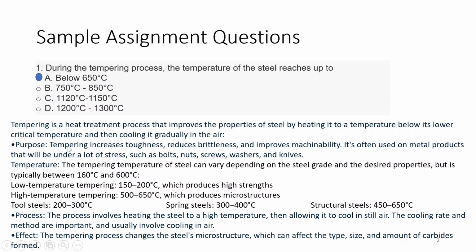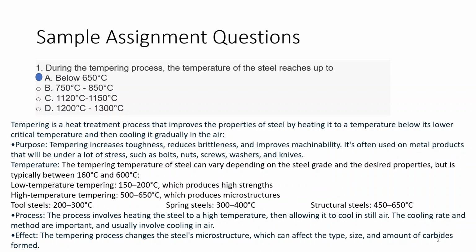Purpose: tempering increases toughness, it reduces brittleness and improves machinability, and it's often used on metal products that will be under a lot of stress, such as bolts, nuts, screws, washers and knives.